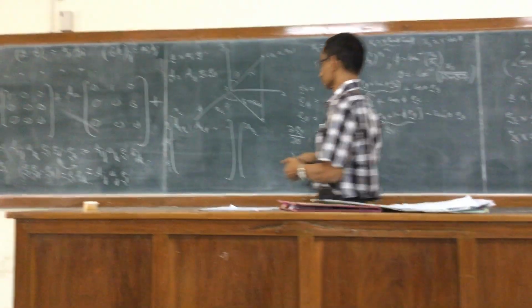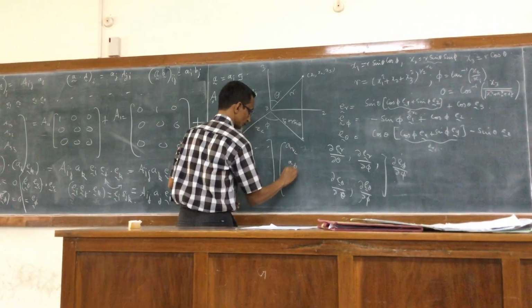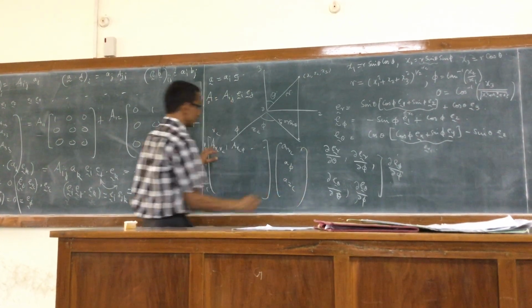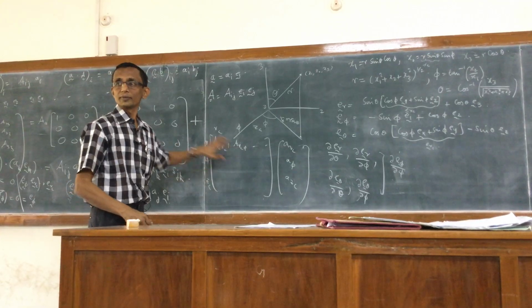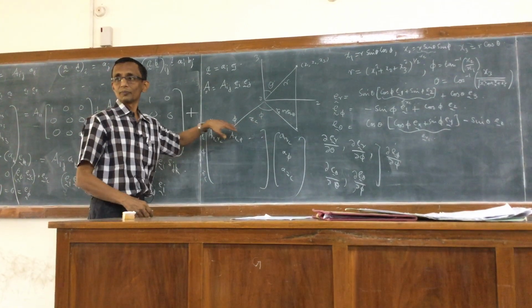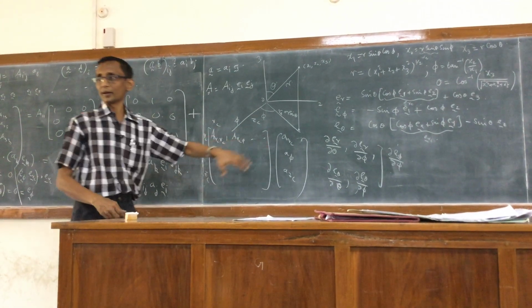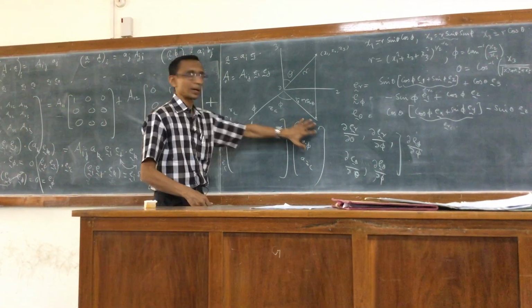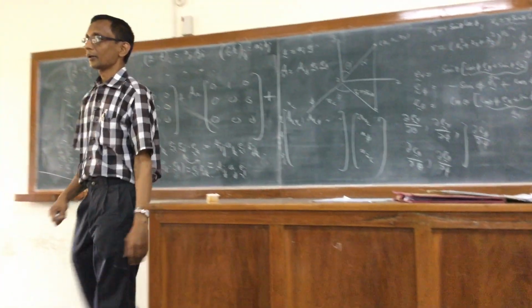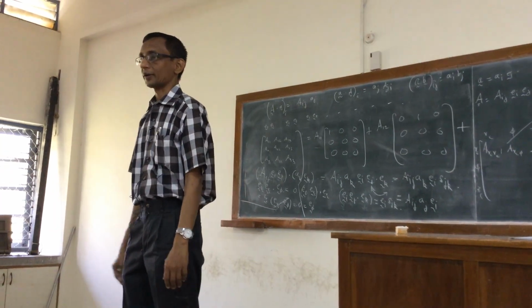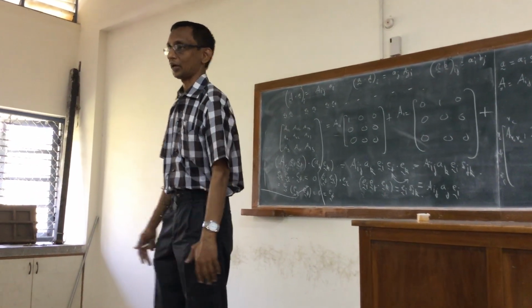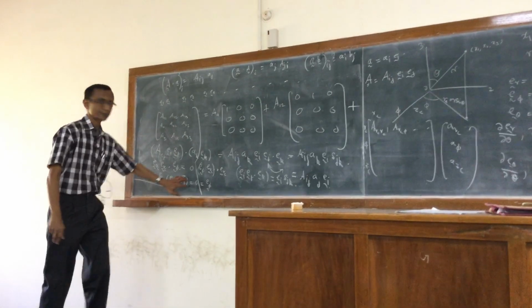So you can do the same thing in the cylindrical coordinates also. Simply get, this is again a vector. That vector will simply be given by multiplying the matrix with the vector. You can easily verify this by verifying these relations.